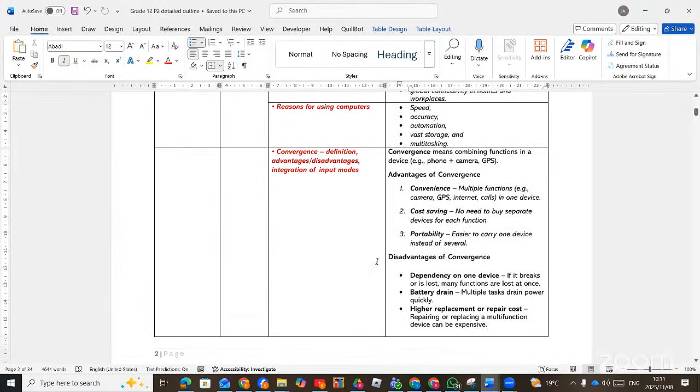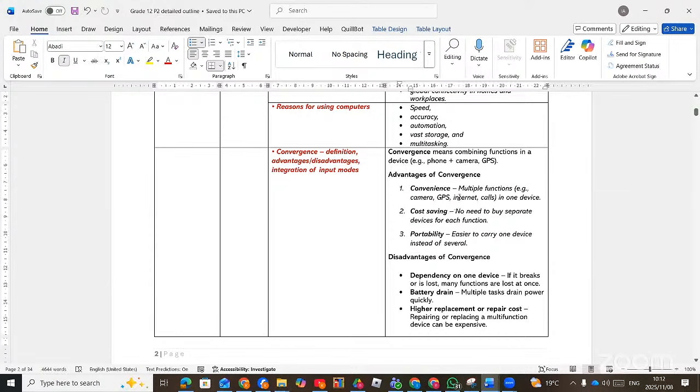Then again, under the general concept, you have to know convergence. What is convergence? That is combining multiple functions in one device. For example, your smartphone has a camera and GPS functions combined in it. Then under convergence, you also need to know the advantages and disadvantages, at least two of them. Remember, multiple functions are combined, so it's convenient.